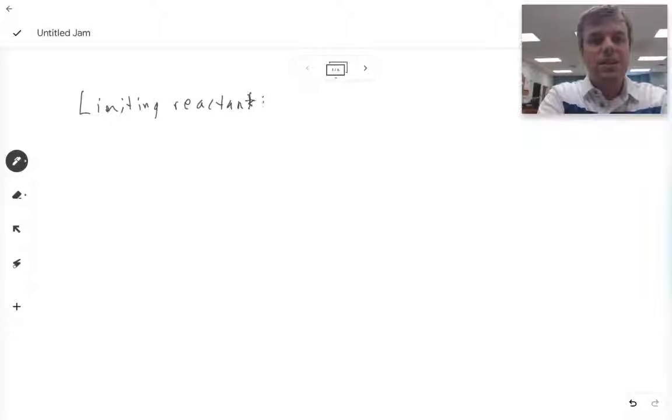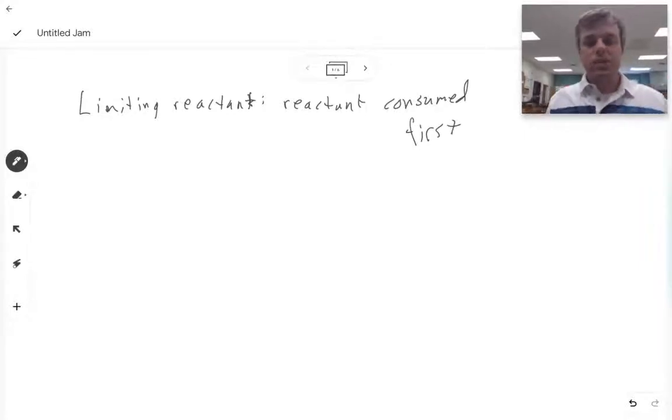A limiting reactant is the thing that runs out. It's the reactant that is consumed first. In other words, it runs out, you don't have any more, so the reaction has to stop.